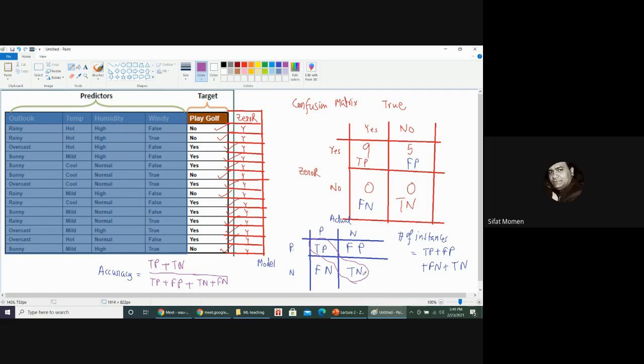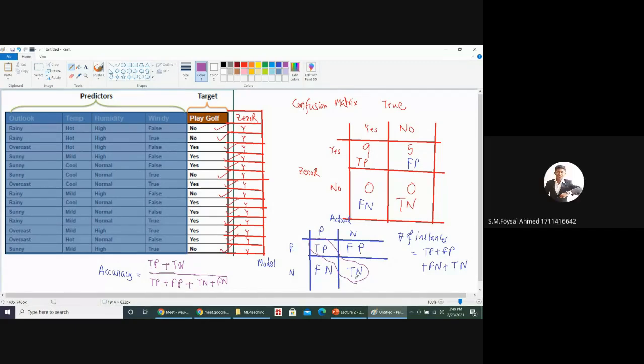So what is the total number of correctly classified instances? True positive plus true negative, out of all instances altogether. So what's the accuracy? True positive plus true negative divided by all of them. Is that clear? Yes, sir.